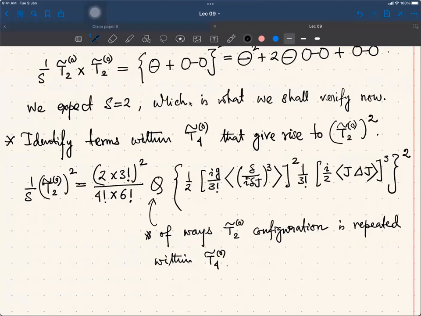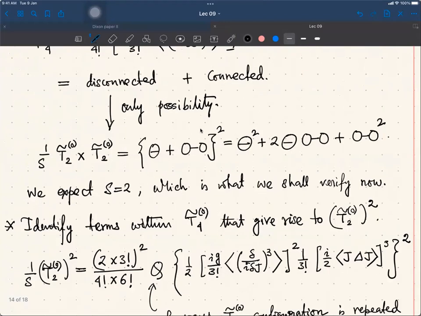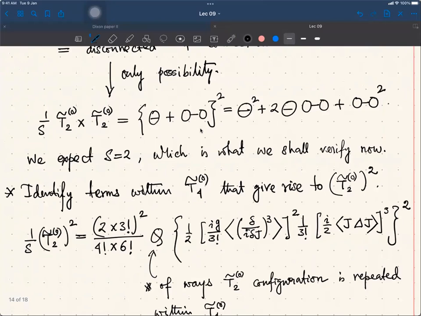So that is the number that we need to calculate. And then if this is the result, this expression is t tilde 0 2 square, and therefore this entire factor is 1 over s, right?